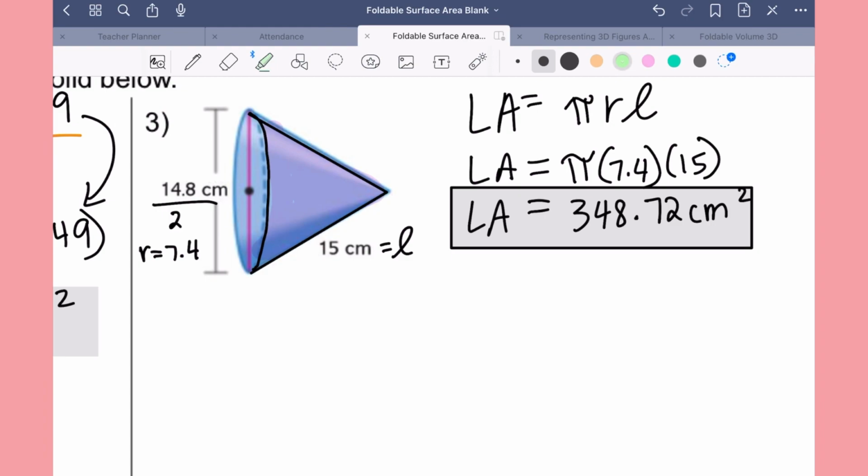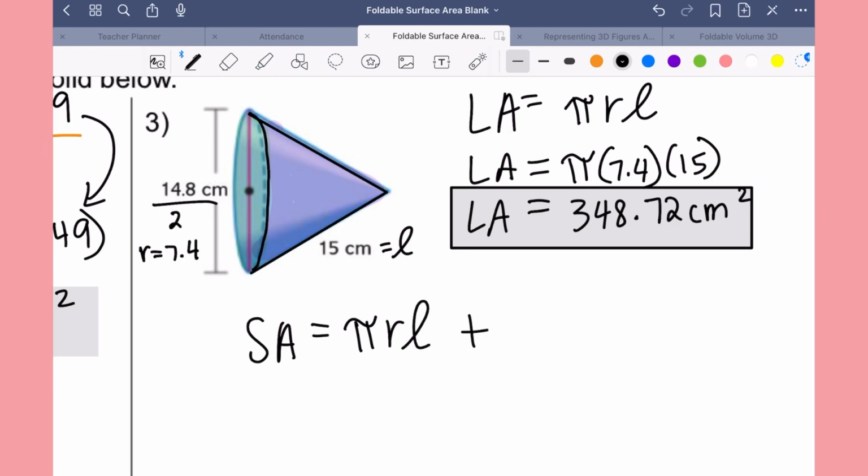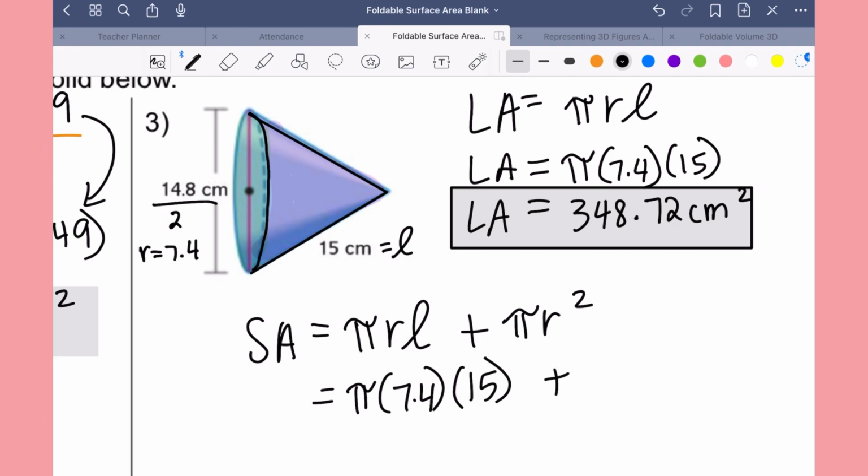But when we do total surface area, we do calculate and we bring in the circle plus the lateral. Let's do that. Total is your lateral, which is pi RL, plus the area of the base, which is a circle, which is pi r squared. Okay, so notice my lateral here is the same one I just found up here. So pi times my radius times 15, literally what we just did, plus pi radius squared.